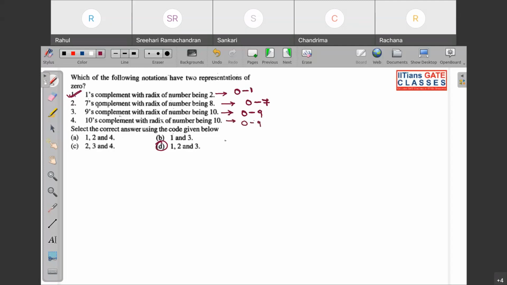Whenever we have odd complements at those positions, we are going to have two representations for zero. Obviously this is 1's, this is 7's, this is 9's, so these are all odd representations. So obviously option D is your correct answer.